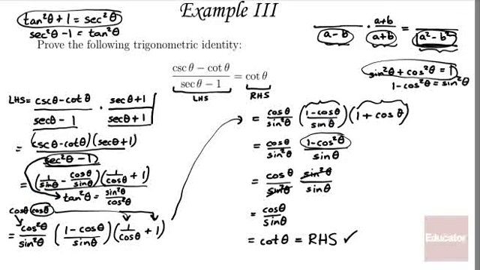And then later on, when we had another a minus b times a plus b, it converted into 1 minus cosine squared, and that in turn, by the Pythagorean identity, converted into sine squared. So it's just a lot of manipulation, but you can let your manipulation be guided by these common algebraic identities and these common Pythagorean identities. And then you just try to keep manipulating until you get to the other side of the equation. So we'll try some more examples later on.